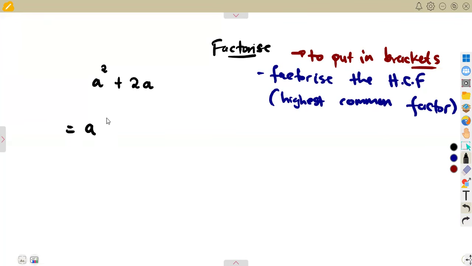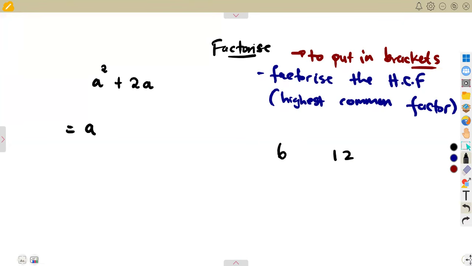Remember, a factor is like this. Let us consider numbers. If I'm given 6 and I'm also given 12, if I'm saying the highest common factor, if I divide by that number, I'm not supposed to have a fraction. I'm supposed to obtain exact values.